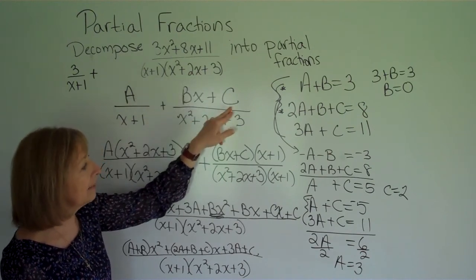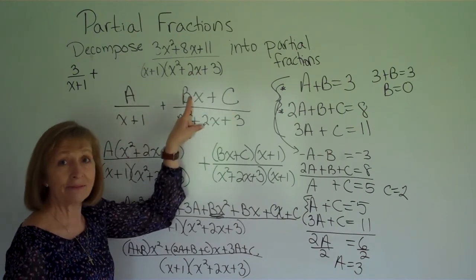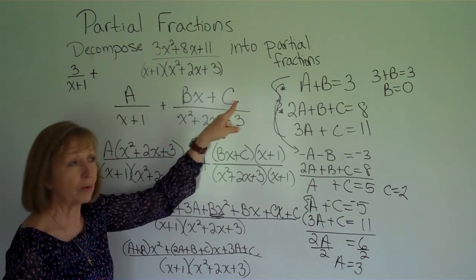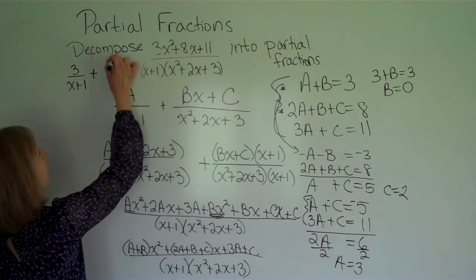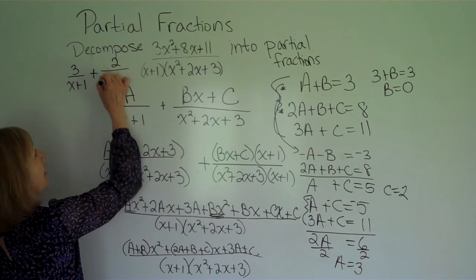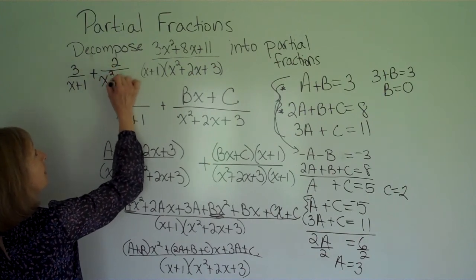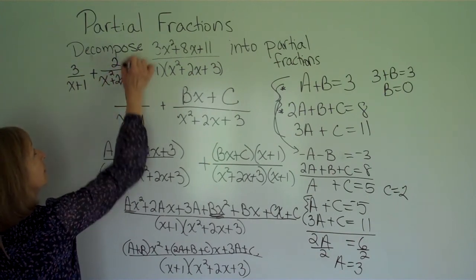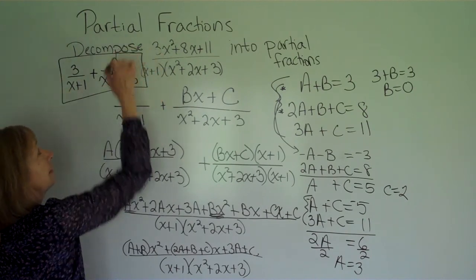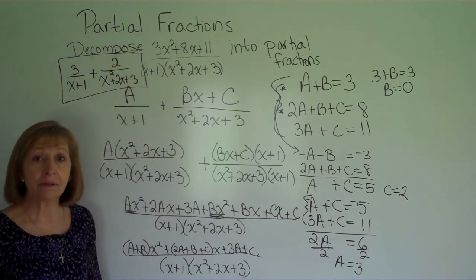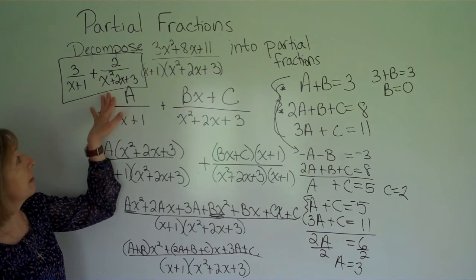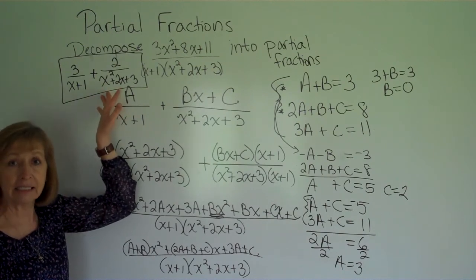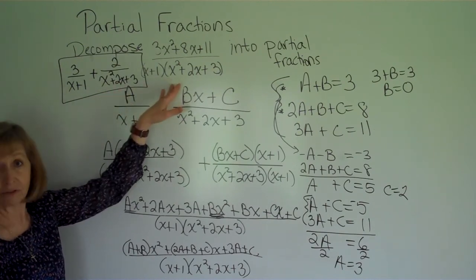And then the c came out to be 2. So when I have 0x plus 2 in this numerator, it's just going to be a numerator of 2 over the x squared plus 2x plus 3. So there is your setup and your final solution of the partial fraction decomposition of that original fraction.